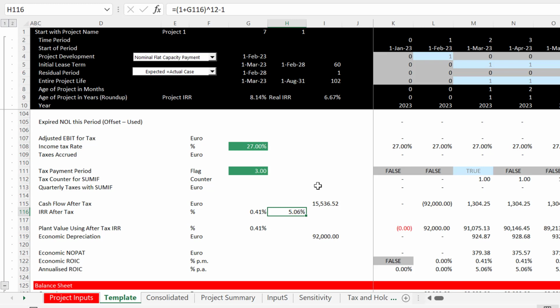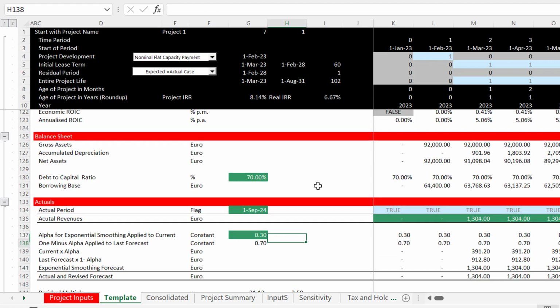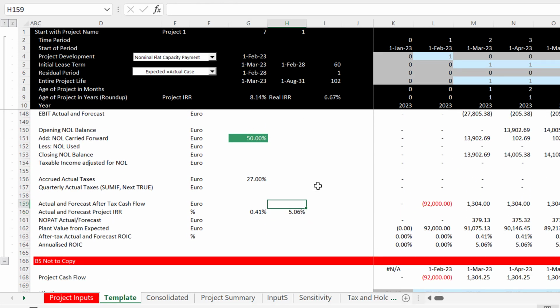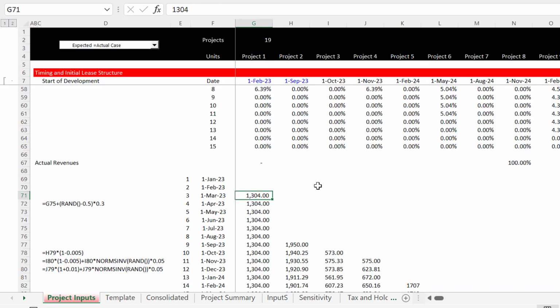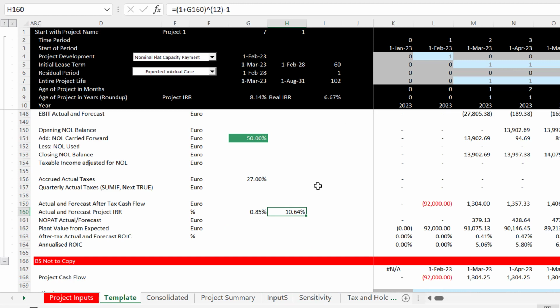So this is our IRR right now, our forecast after-tax IRR, and this is the same IRR. All I did was put a different number up here and put in no volatility. If I put 20% volatility in, I'm going to have the same problem where I can't just recompute. We might get, when we use the actual and forecast, a 10% IRR.